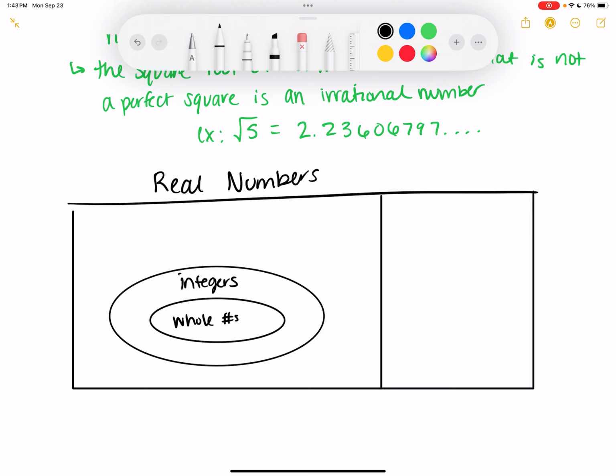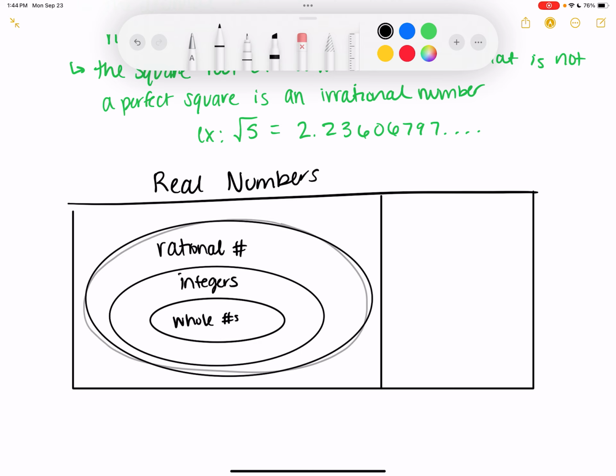And then we had rational numbers. So all whole numbers and integers are rational, but not all rational are the other way. So that's what we had the other day, right? Remember that? We did something that kind of looked like this.